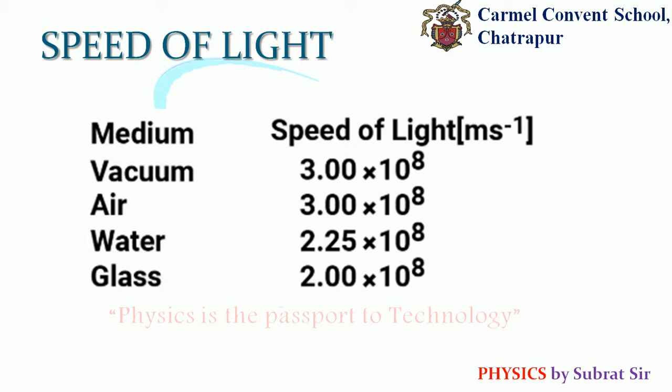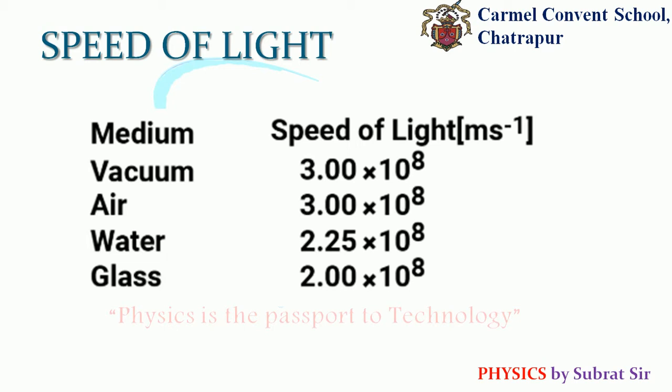But in water it is a little less, it is 2.25 into 10 to the power 8 meter per second. For glass it is even less than water, 2 into 10 to the power 8 meter per second. So refraction of light depends upon the speed of light in different media. As the speed of light is different in different media, that's why it shows refraction of light.